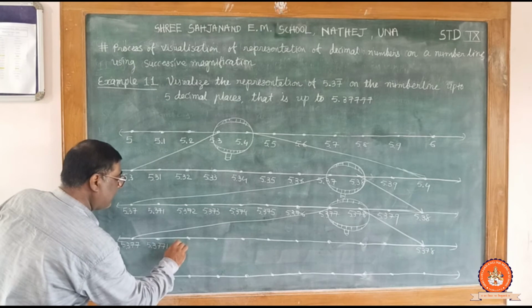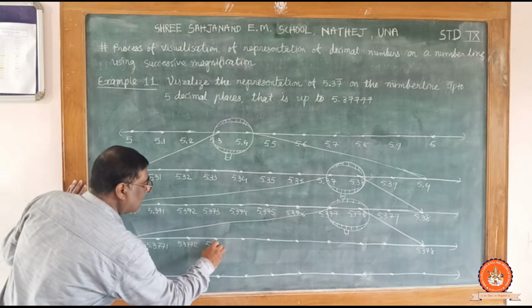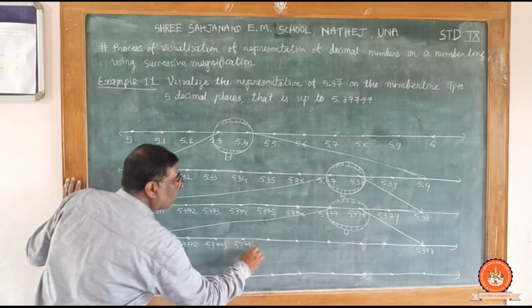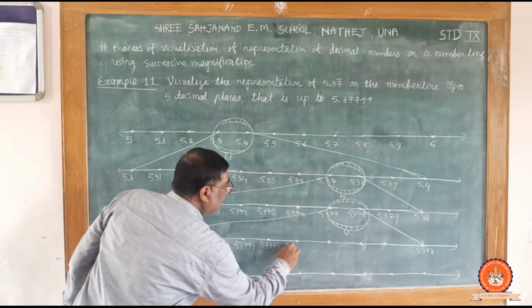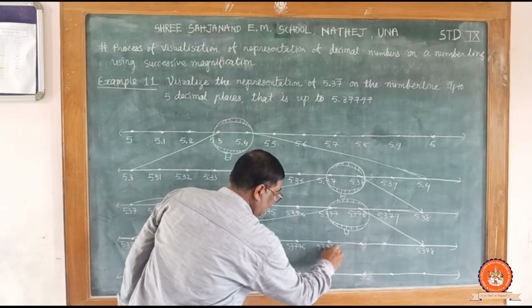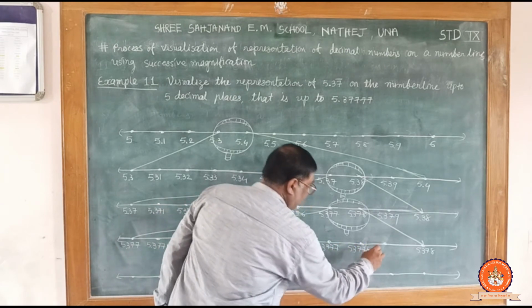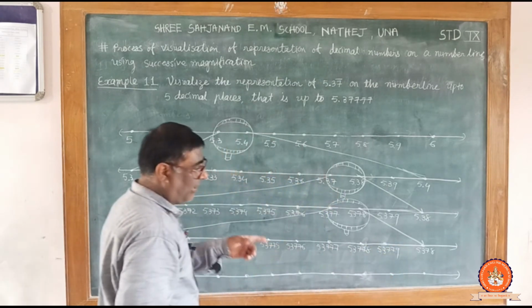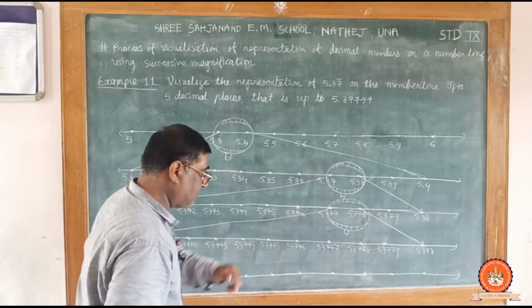5.3771, 5.3772, 5.3773, 5.3774, 5.3775, 5.3776, 5.3777, 5.3778, 5.3779, and 5.3780 will be 5.378.